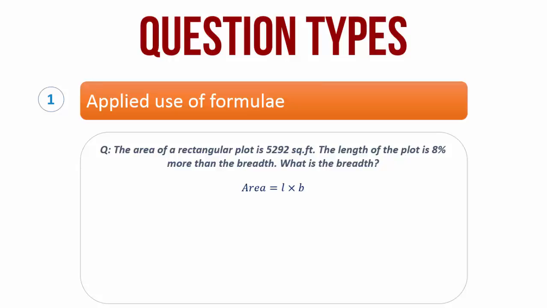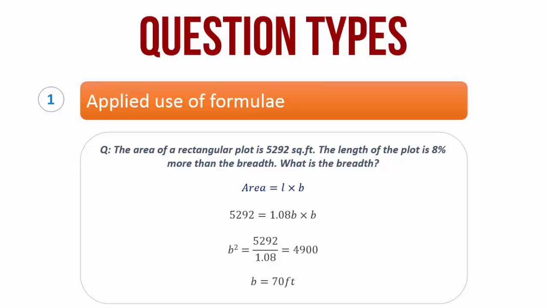The question says that the length is 8% more than the breadth. So L is equal to 1.08 times B. So if we substitute that in the area equation, we have 5292 is equal to 1.08 B times B, which gives us B square is equal to 5292 divided by 1.08, that is 4900, or B is equal to 70 feet.